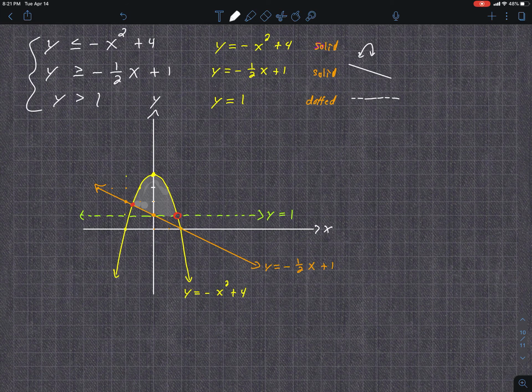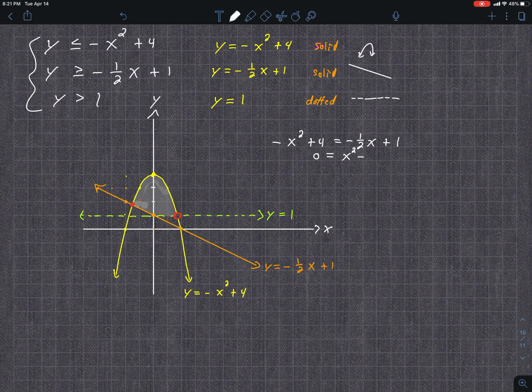So we set them equal and solve. So we have the line and the parabola to set equal. Okay, so you have negative x squared plus 4 equal to negative a half x plus 1. And then we solve that.